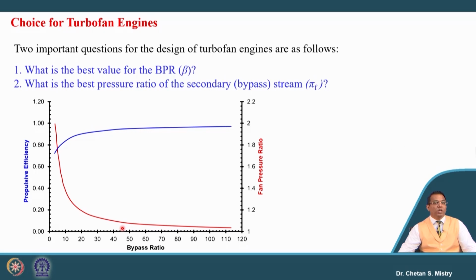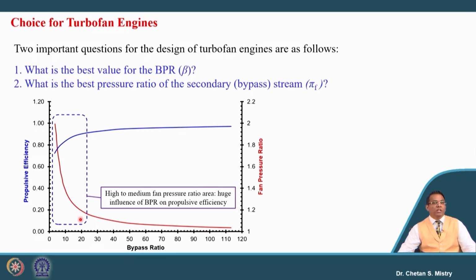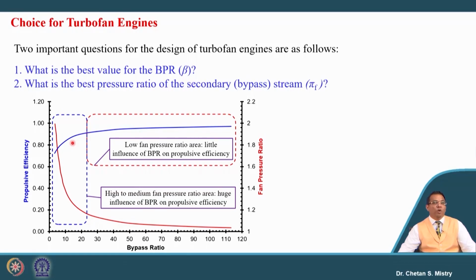If we look carefully, this represents where we have high to medium pressure ratio of the fan, and a bypass ratio in the range of 20-25. It gives great improvement in propulsive efficiency, and this is the range where we have low fan pressure ratio, but the influence of bypass ratio on propulsive efficiency is not that high.